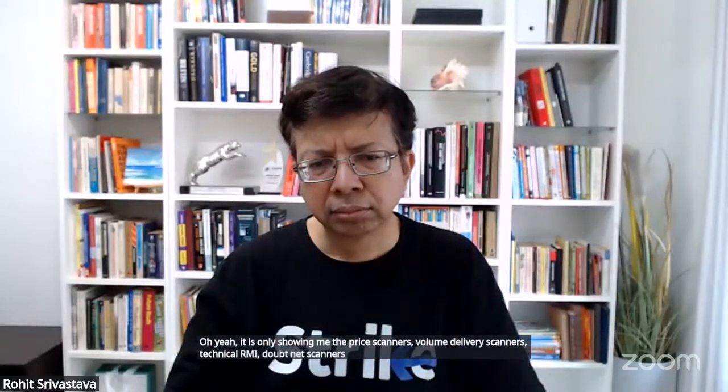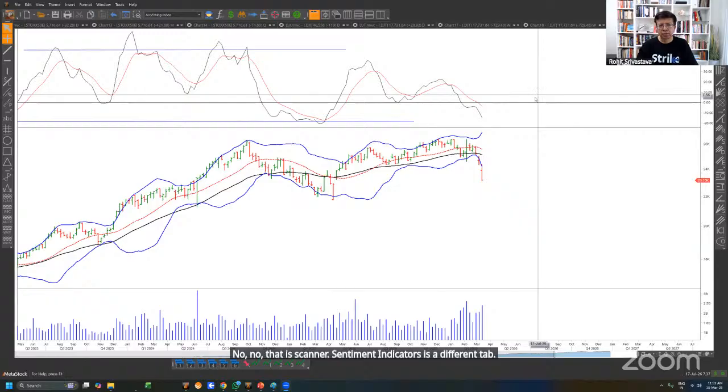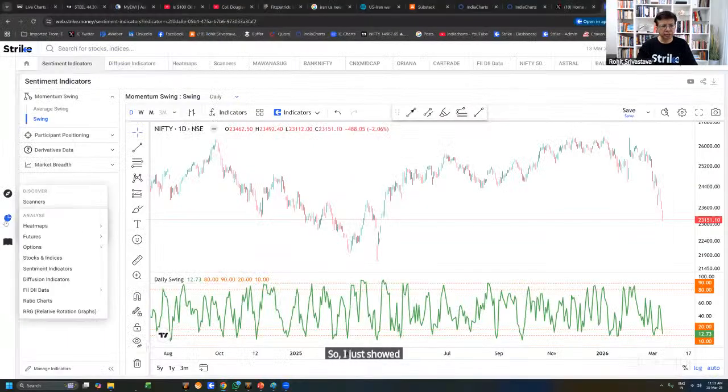It is only showing me the price scanners, volume delivery scanners, technical RMI, doubtnet scanners, and seasonality scanners. No, that is scanners. Sentiment indicators is a different tab. Oh, okay. I just showed it now on the left-hand side here. You see here, sentiment indicators.